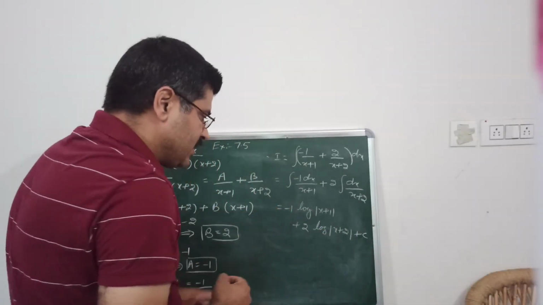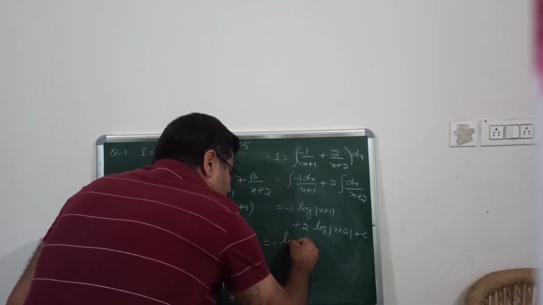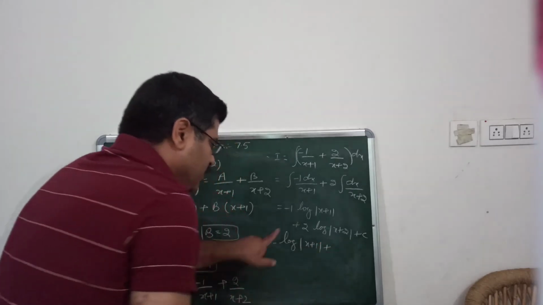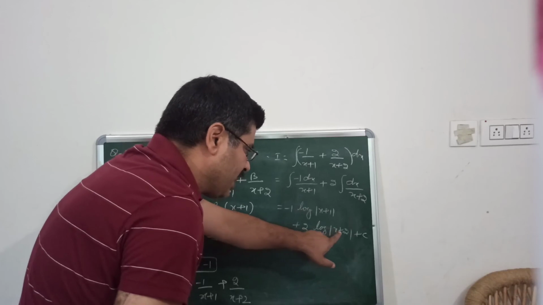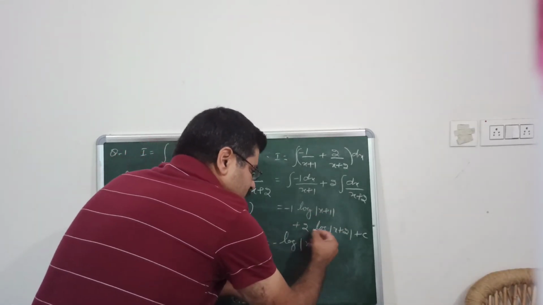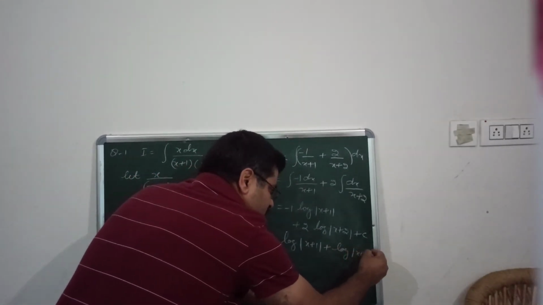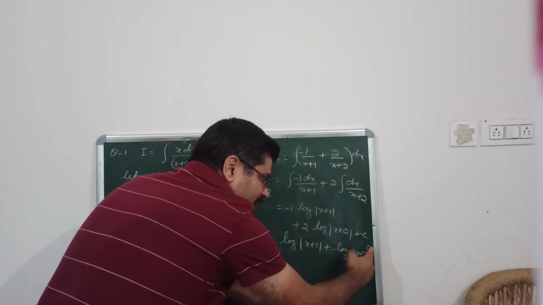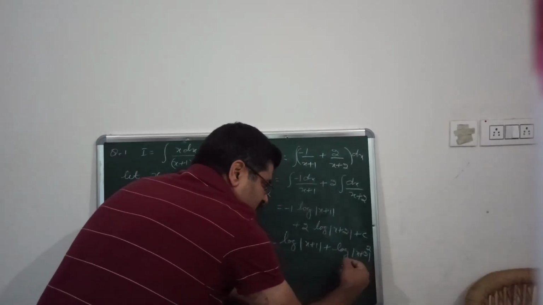Either you leave it here, or we can write it as minus log mod x plus 1 plus, here let us use the property of log: n log x will be log x raised to power n. It means it will become log mod x plus 2 whole square. Here n is 2, so n log x is log x raised to power n, plus c, constant of integration.